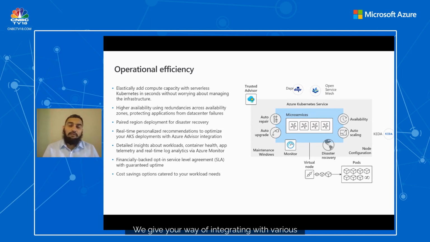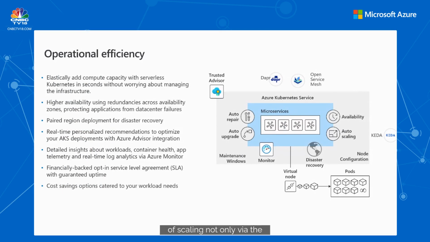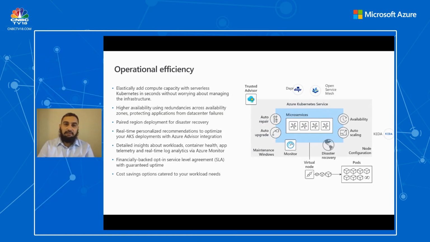We give you a way of integrating with various other services using Dapr, and we have the ability of scaling not only via the metrics which Kubernetes provides, but tying it to external events like a message queue, the number of requests you're getting, or something happening inside the Kubernetes cluster, using KEDA.